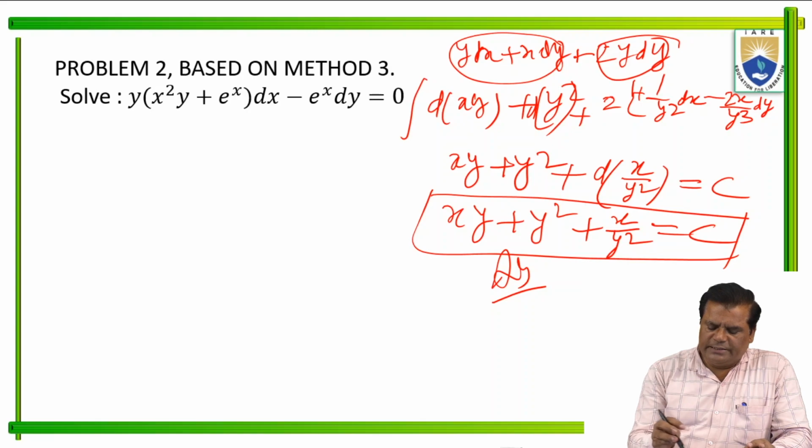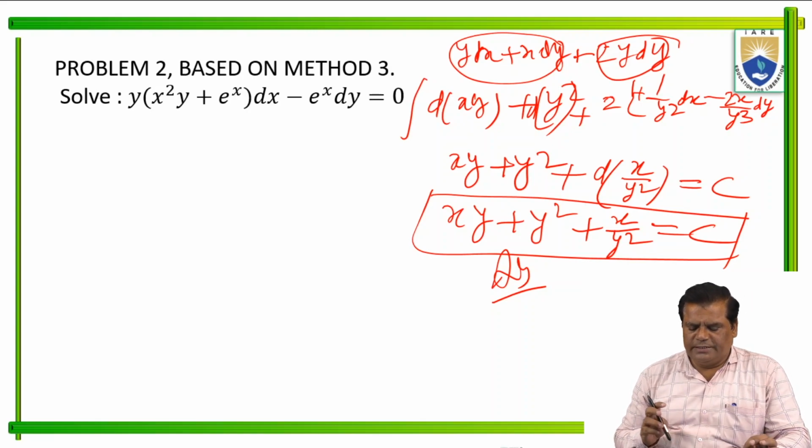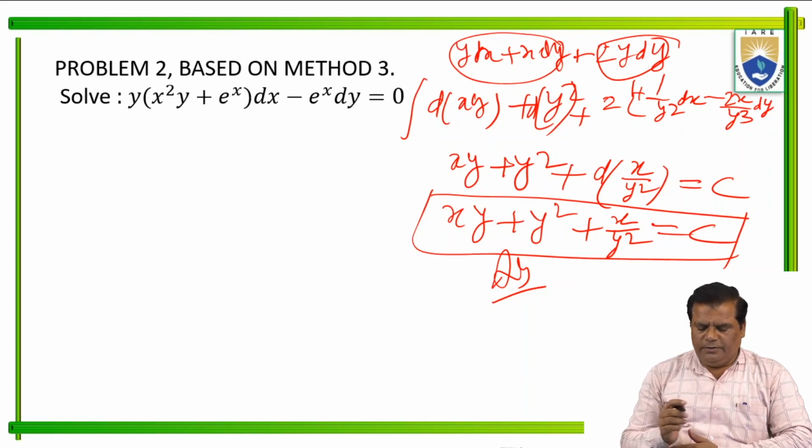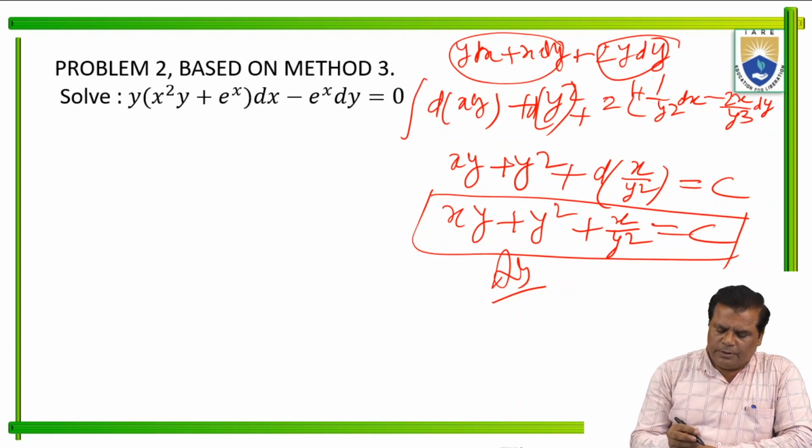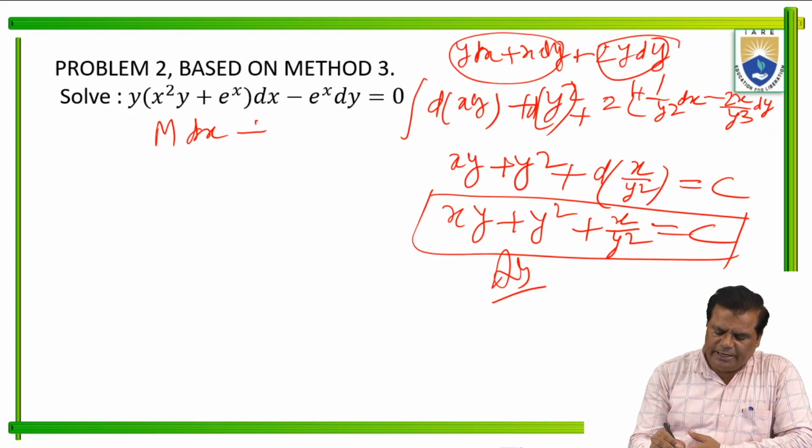Next problem based on method 3, same method 3. So here is M dx plus N dy equal to 0.